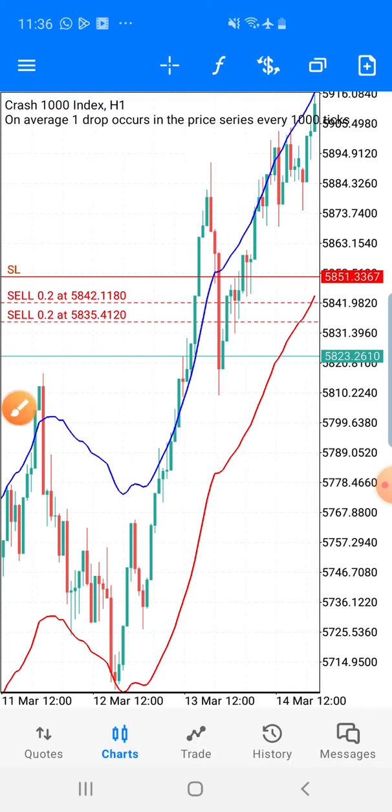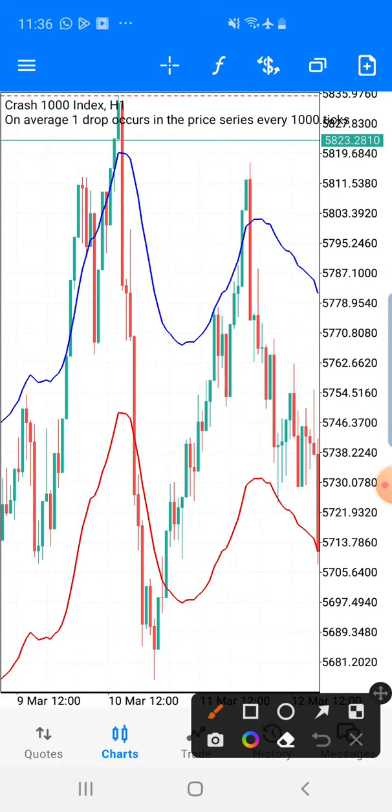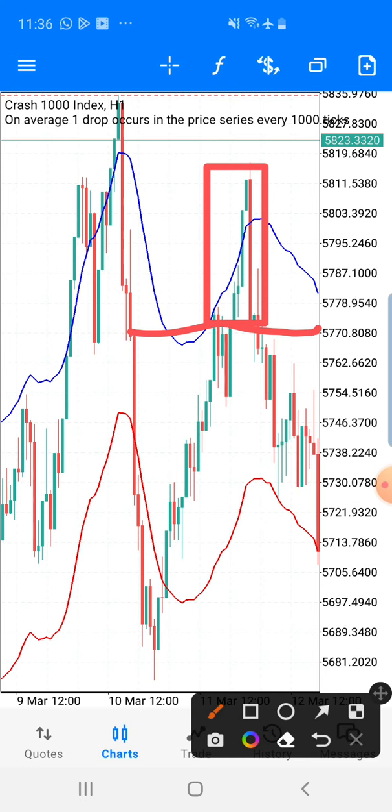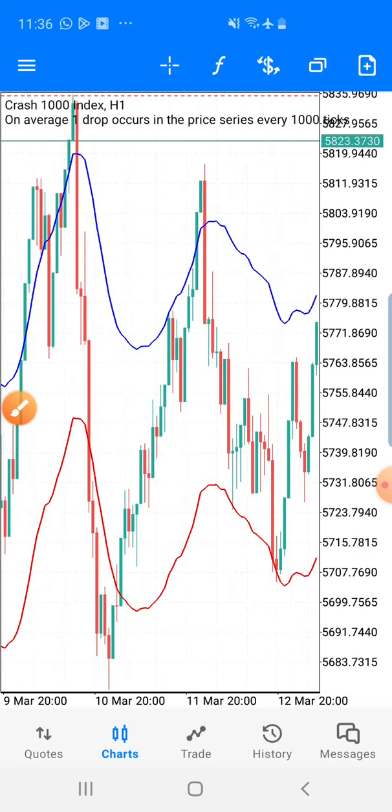But what we are actually doing today is selling at this level, like what happened here. When the price pushed up to this zone, you had that long bearish engulfing candlestick pattern, and you would be selling at the close of that bearish candlestick, and you could have made some money out of this.